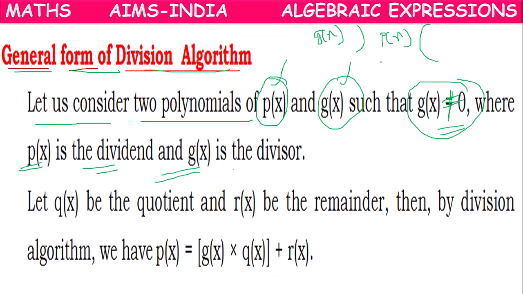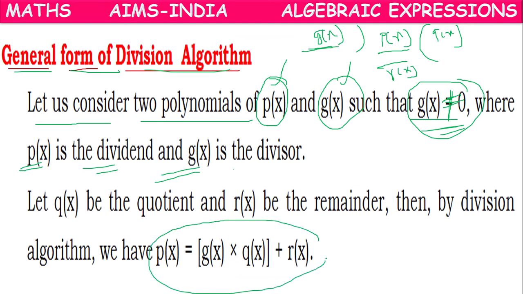If we have two polynomials like this, this is the dividend, this is the divisor, and the divisor is not equal to 0, then q of x will be the quotient and r of x will be the remainder. According to the division algorithm, we can write this division process as dividend p of x equal to divisor g of x into quotient q of x plus remainder r of x.